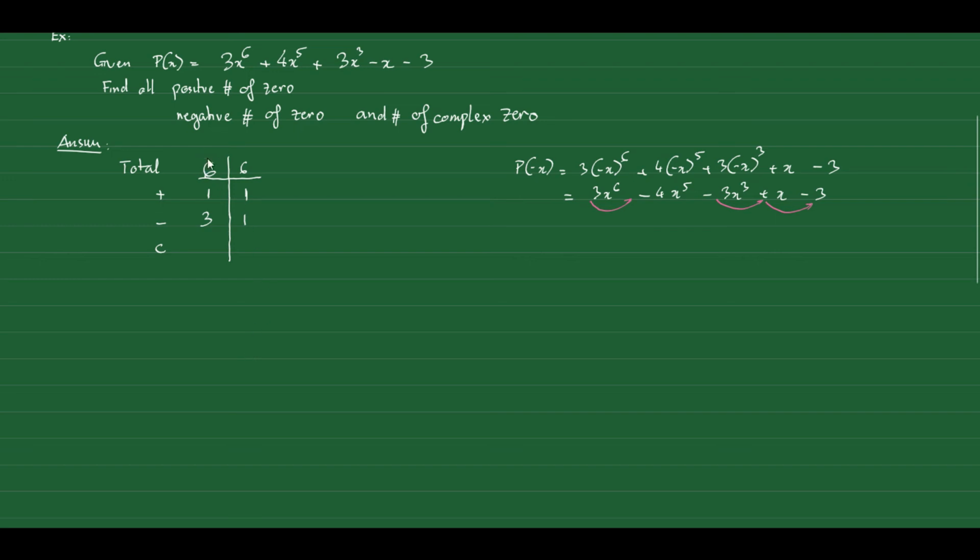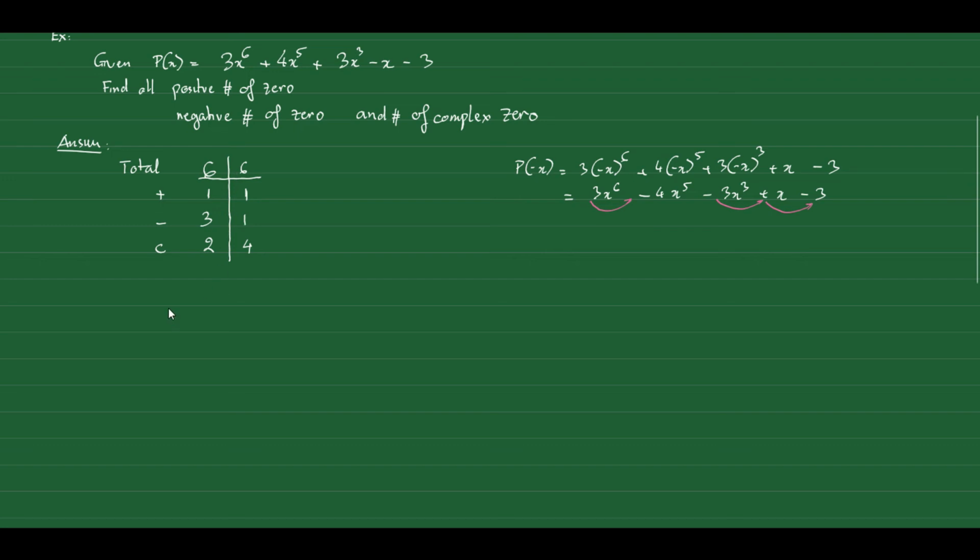But we know the total is 6. So 1 plus 3 is 4, so we know there are 2 possible complex zeros. In the other case, 1 plus 1 is 2, and 2 plus 4 is 6, so 4 possible complex zeros.